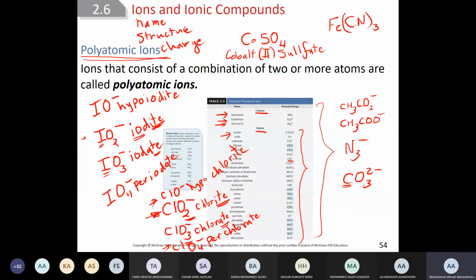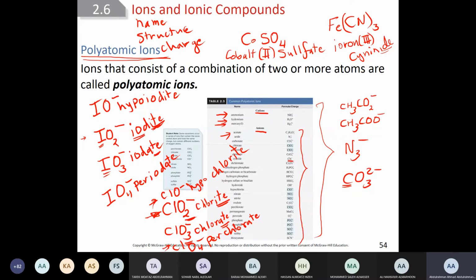Yes, you must say iron 3. Cyanide. You must memorize the name here, and you say iron 3 cyanide. Okay, let's go.